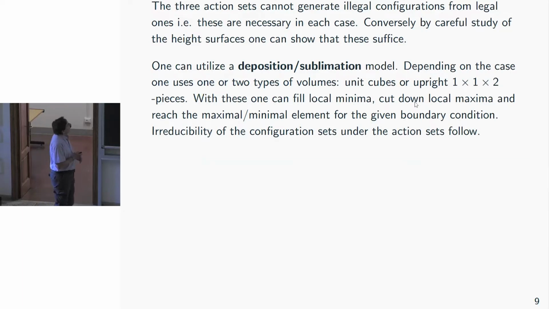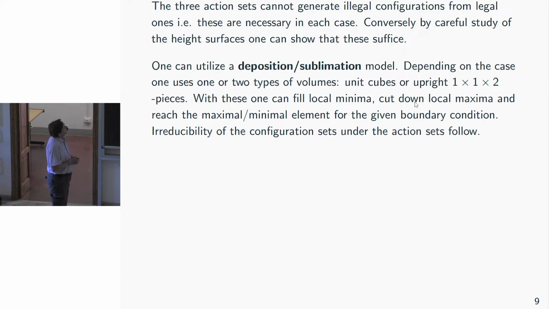One useful way of thinking about this is to think of these actions as sort of deposition or sublimation of little pieces, either unit cubes or 1 by 1 by 2 upward standing pieces, which you drop on the stepped surface, or you remove from it.